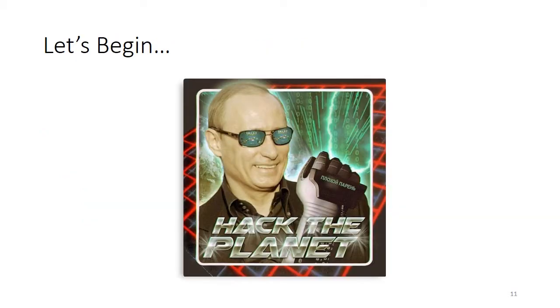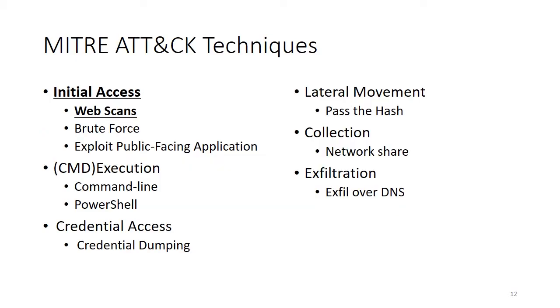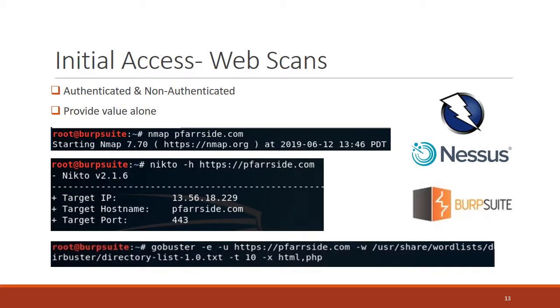Let's begin. So the first technique we're going to look at is web scans. Now, the exercise of running authenticated and non-authenticated web scans against your public and internal resources provides value alone. From my experience, most IPs aren't running in-depth targeted scans.